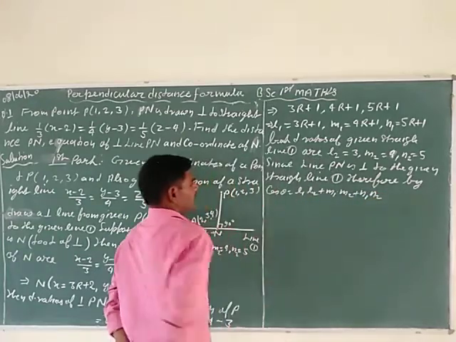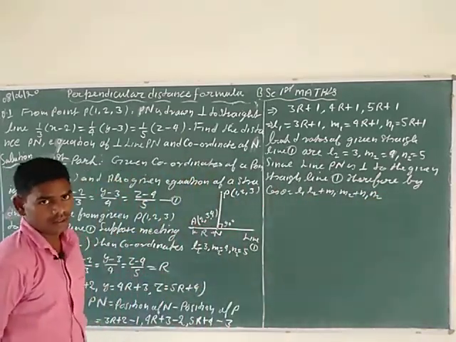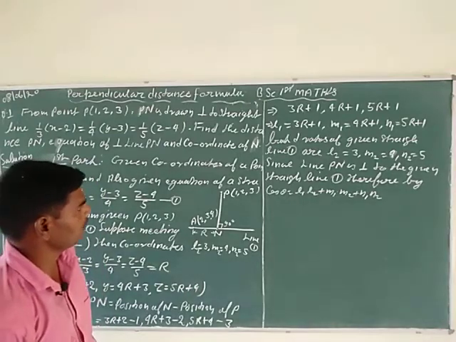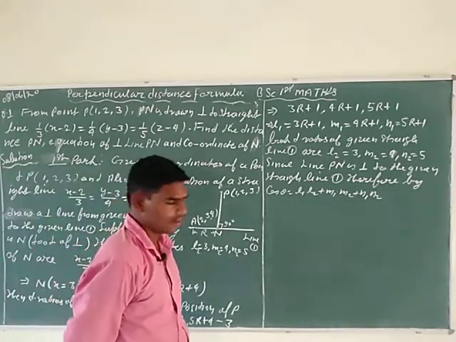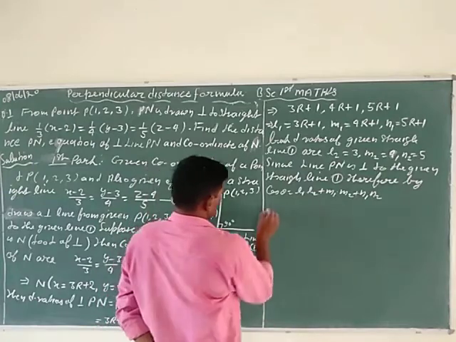Here theta is the angle between these two lines. In the question these lines are PN and the given straight line. So theta is equal to 90 degrees.